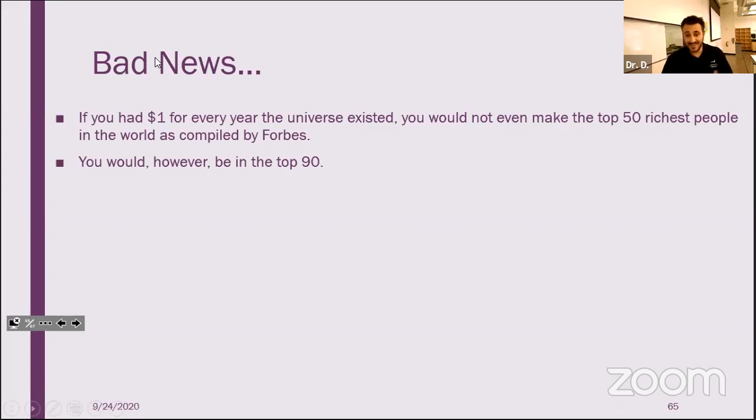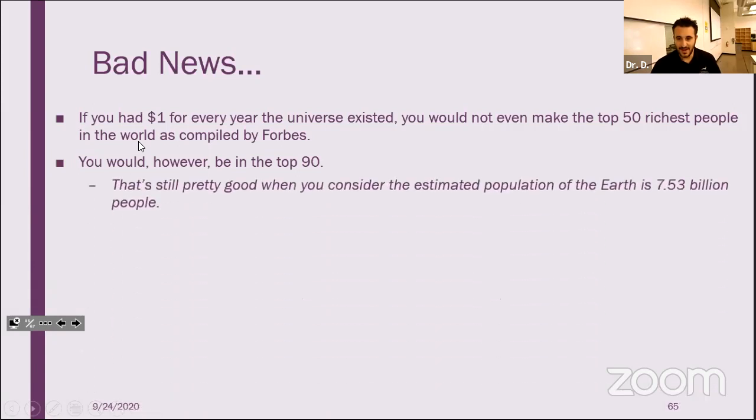You would, however, be in the top 90 richest people in the world. So that's pretty cool. Considering that there's 7.53 billion people in the world, that would technically put you in the top 0.0000001% of richest people in the world. So good job, everybody. Good work.